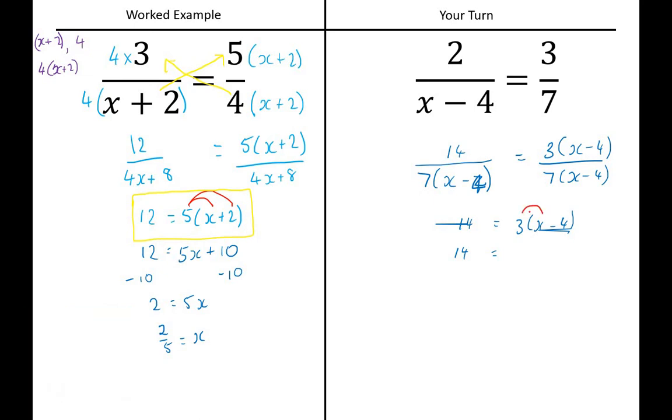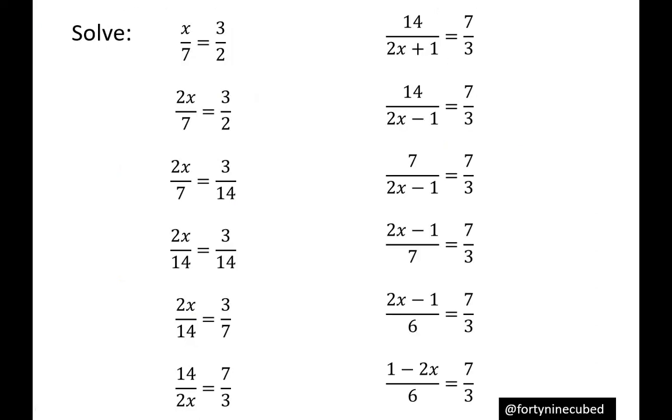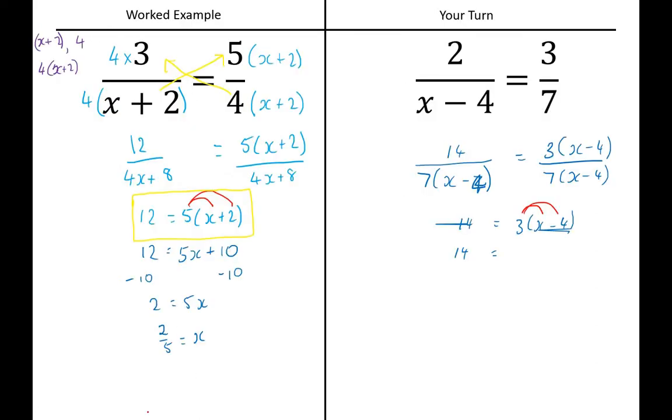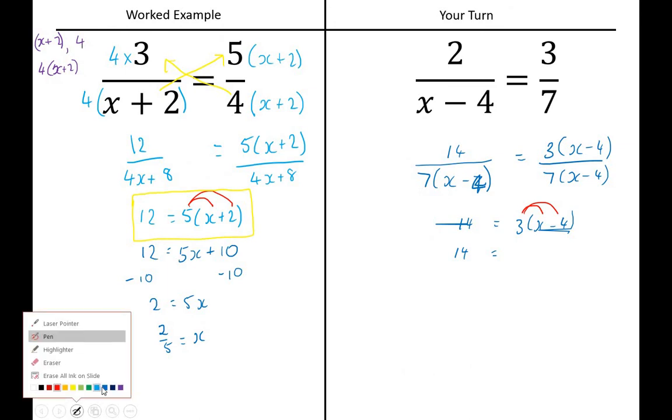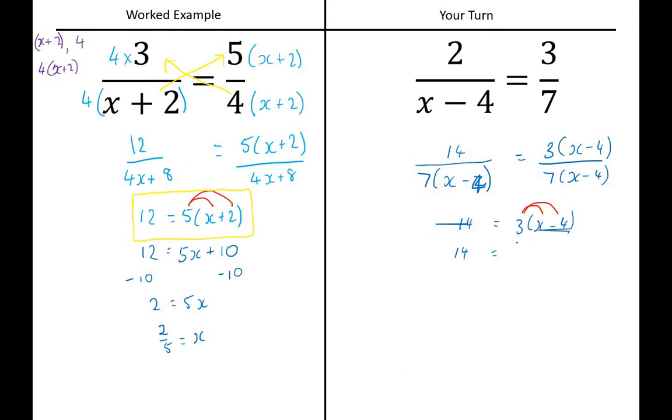So we've got 3 times x and 3 times negative 4. So we get 3x minus 12. And so to this, we're going to add 12 on both sides. So we get 26 is equal to 3x. And then we want to divide by 3 on both sides.